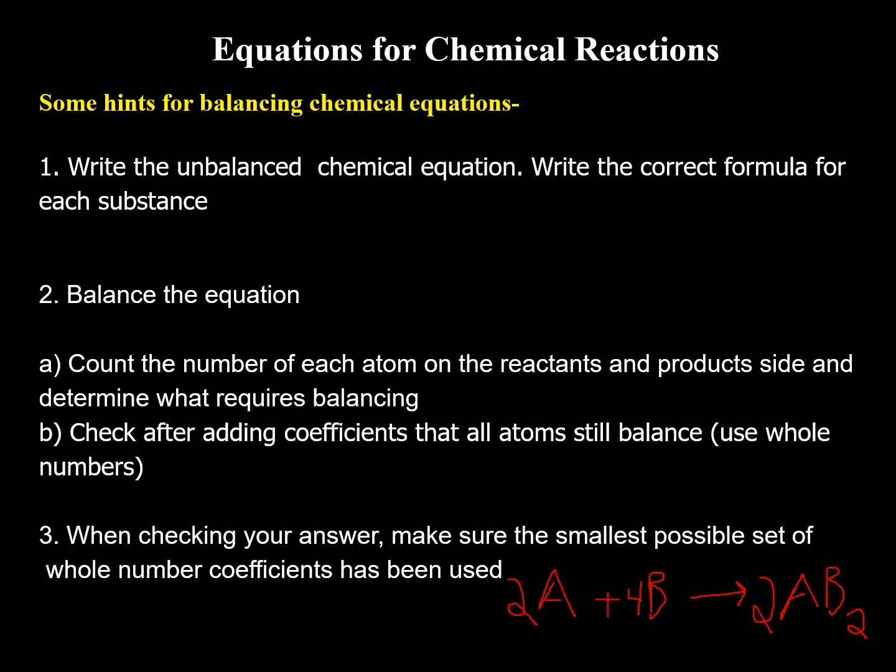So we would bring this down and divide the left and the right by 2 to give us 1A, 2B, and 1 AB subscript 2. Of course, we don't write 1. We assume there's a 1 there. So the coefficients would be 1, 2, and 1.